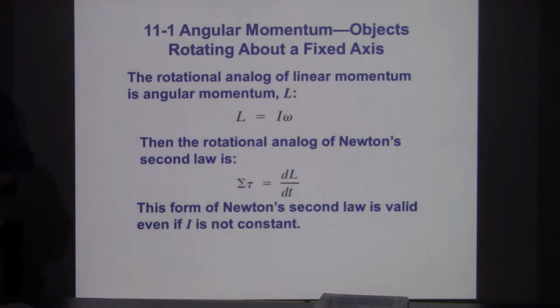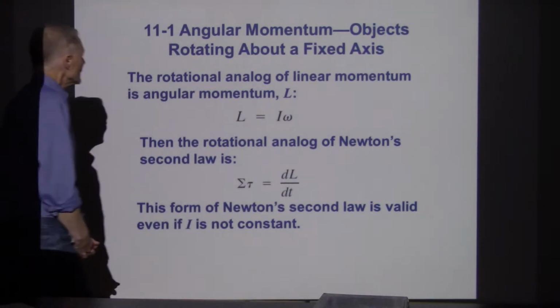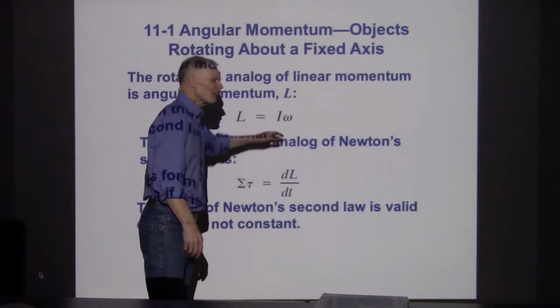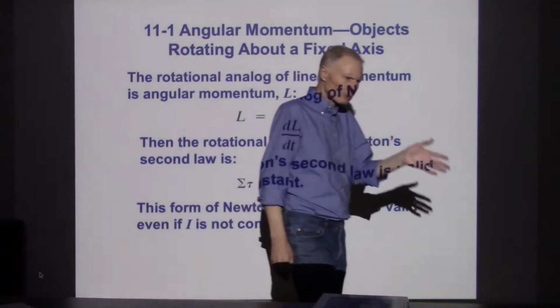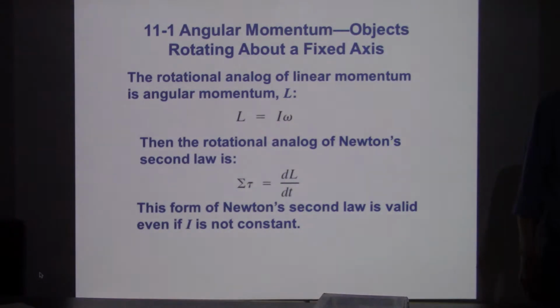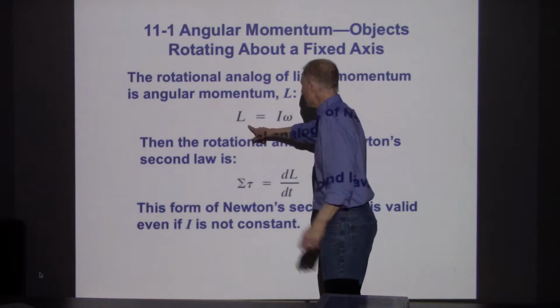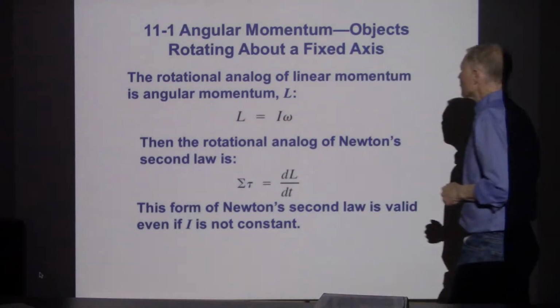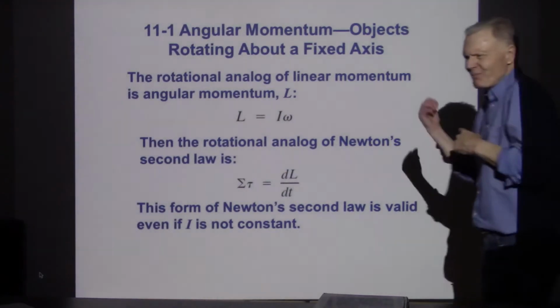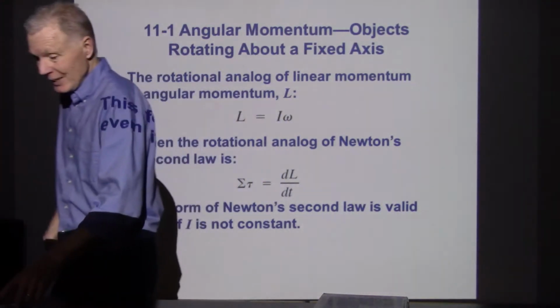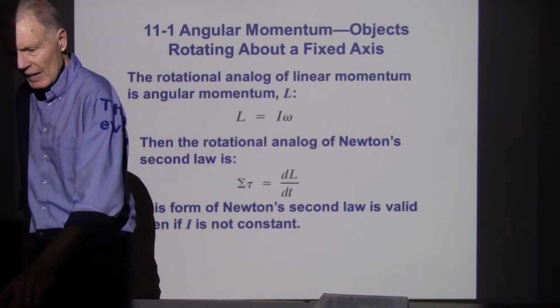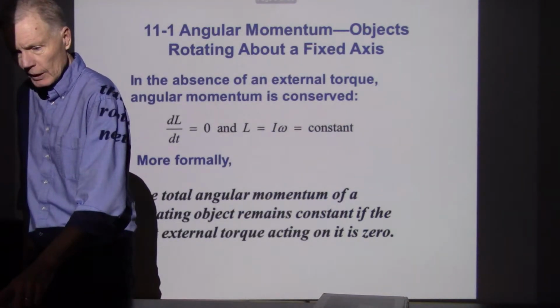I Omega for a while was the top manufacturer of external drives. I never knew why it was called that, and I thought, I Omega, where does that come from? And then I realized this has got to be it. The things are spinning, right? The I Omega represents angular momentum. So I Omega comes from that formula. Anyway, it's too bad that name's not around. That would still be a good name, I Omega.